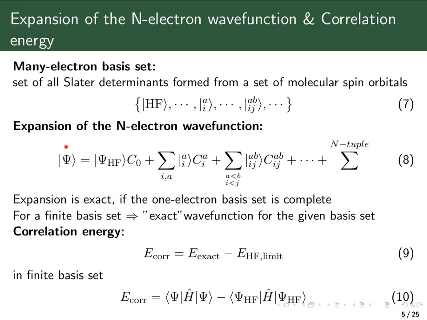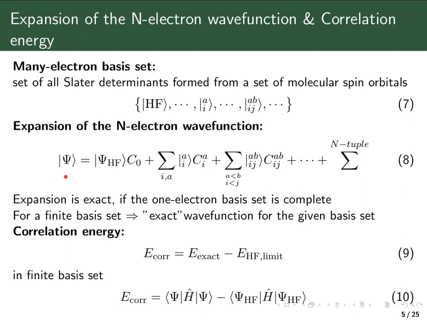And that is here, so we can expand our unknown many electron wave function, the solution to the Schrödinger equation. We can write it as a linear combination of all these Slater determinants, starting with Hartree-Fock, single excited, double excited, and so forth, up to n-tuple excited determinants if we have an n-electron system.